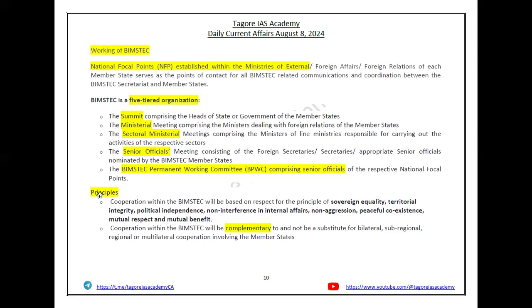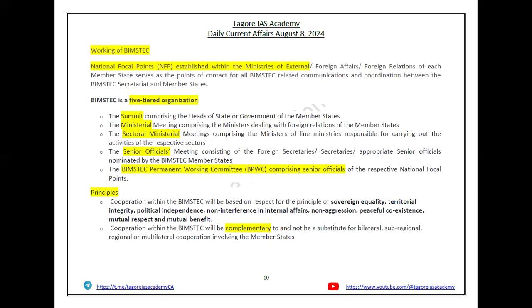Then principles, again very simple. I don't see it being asked either in prelims or in mains. But going through them once is fruitful, just in case.